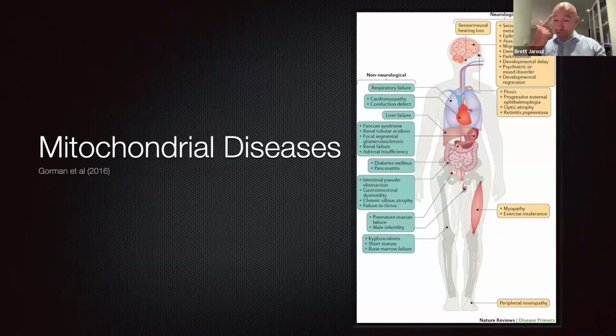This is a nice little slide that came out of Nature Reviews and talked about mitochondrial diseases and what types of presentations, or what type of conditions, someone could come to you with because of a mitochondrial problem. If you look at a lot of these, if we go just on the right side there, peripheral neuropathy at the bottom right, but we can see exercise intolerance.